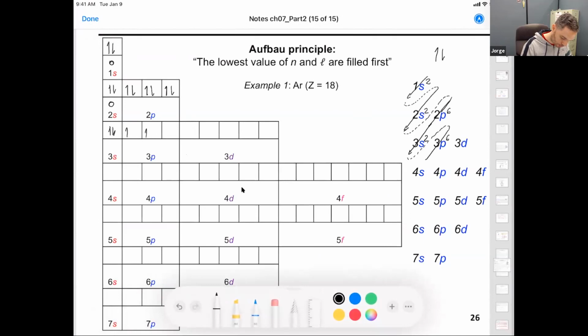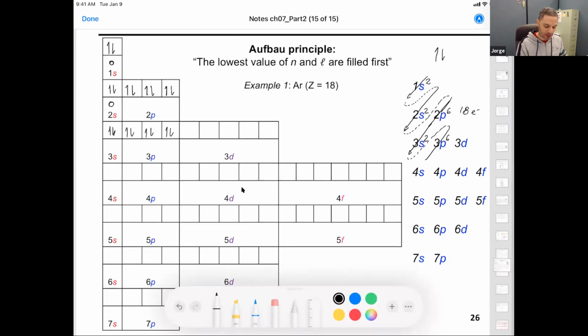And with that, we completed 18 electrons, which is the number of electrons in the neutral argon atom.